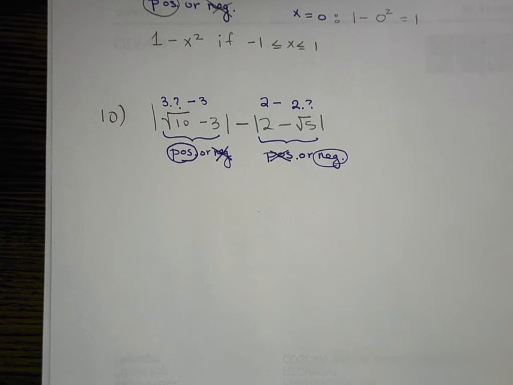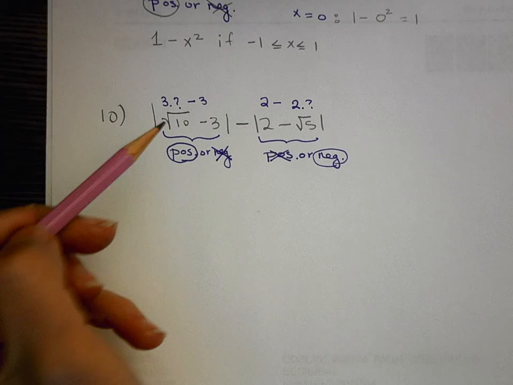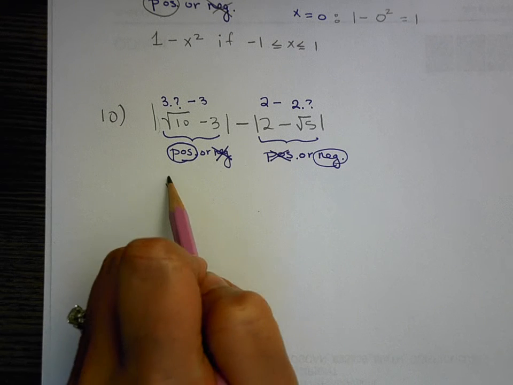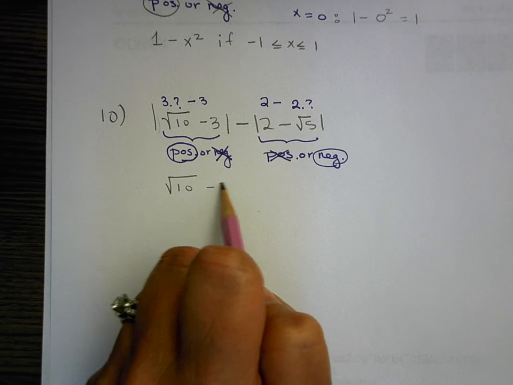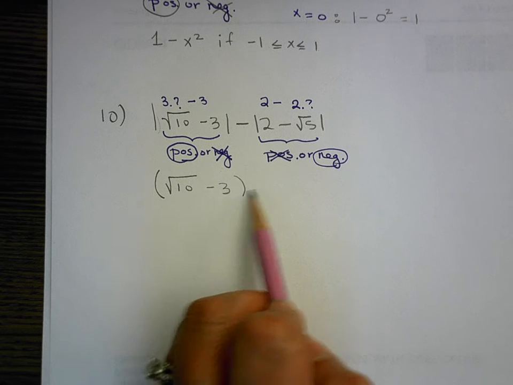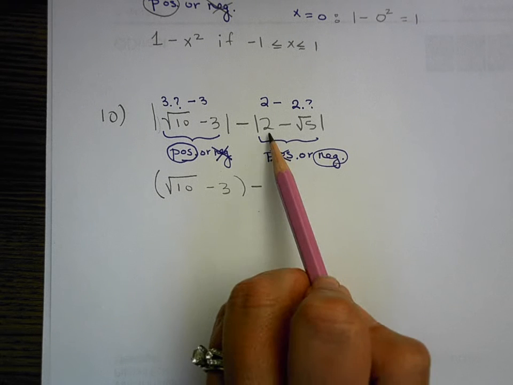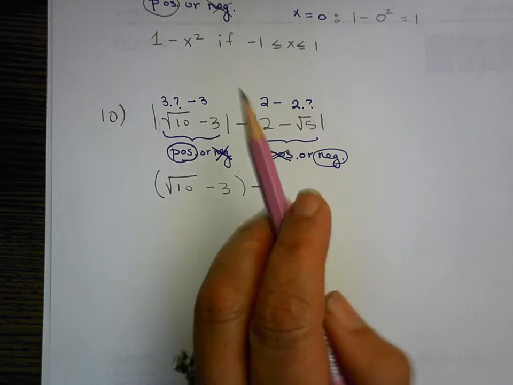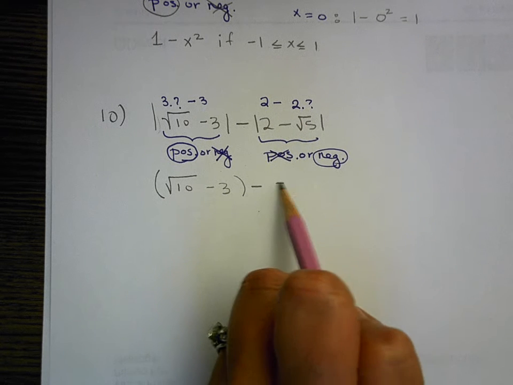Since the first part is positive, I don't need the absolute value, right? So that is positive, so I don't need the absolute value. And then I'm going to group it, and then minus. And then this number right here is a negative value. So if it's negative, what would force it to be positive is another negative.